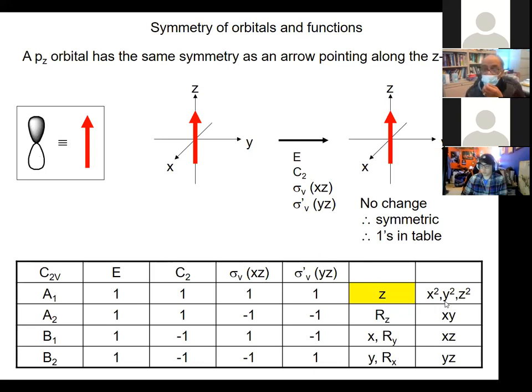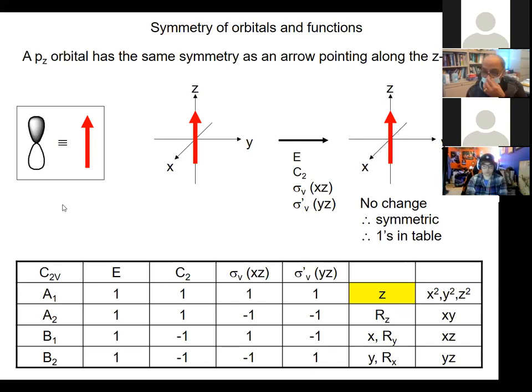Even if you have dx squared minus y squared or dz squared orbitals, the result will be the same. We will see that as we go through more examples. So that is how we say that Z belongs to the A1 representation in the character table of C2v.